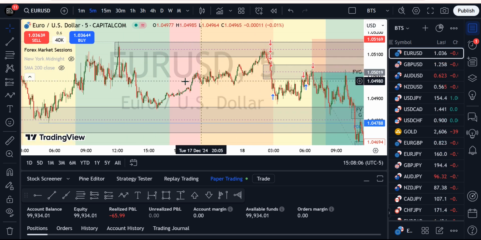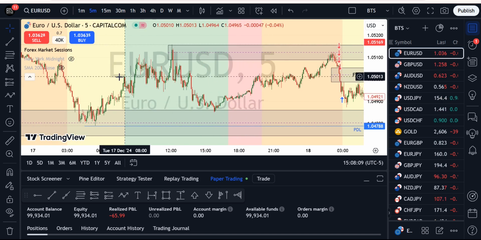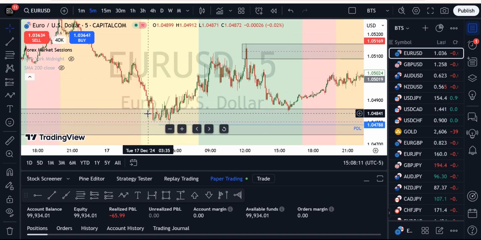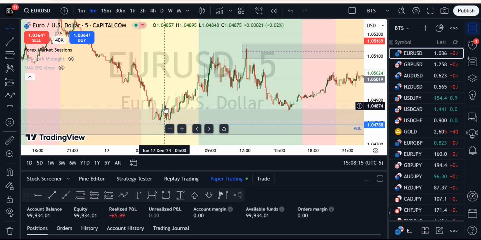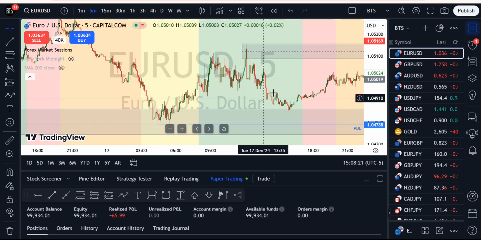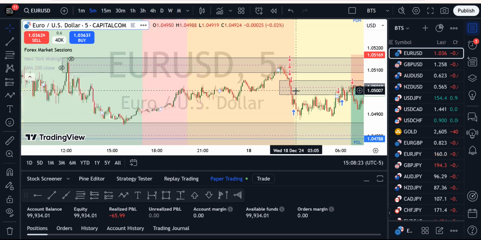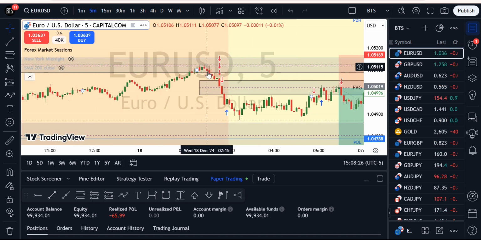And one thing I want to tell you guys is, this is the way I enter. Once I get a tap of that zone and I get the first bullish candle that closes above my zone I marked, that is where I'm picking my buy entry. So right around here, I opened my chart very late, so we were entering around this candlestick, right?